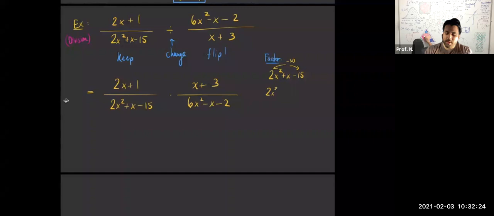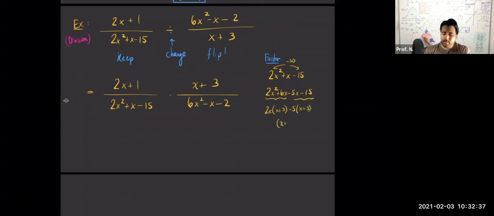So this becomes 2x squared plus 6x minus 5x minus 15. Factor by grouping, this becomes 2x times x plus 3, minus 5 times x plus 3. So this becomes x plus 3 multiplied by 2x minus 5. So this becomes 2x plus 1 over x plus 3 and 2x minus 5.